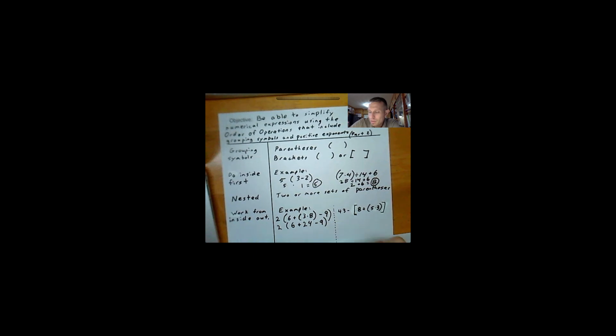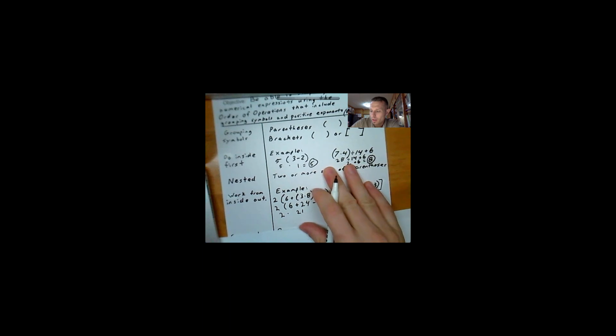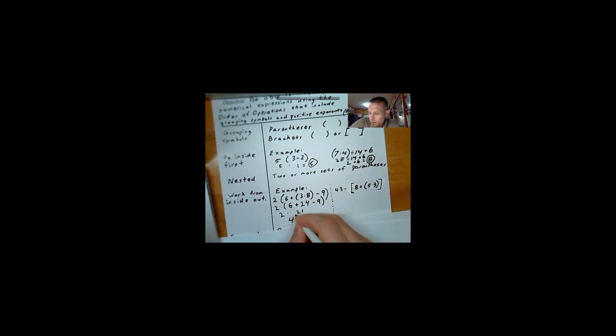So we have 6 plus 24, that gives us 30. And then 30 minus 9 will give us 21. I'm just going to do all those steps at once here. So we have 2 times all of this inside the parentheses, which equals 21. And lastly, 2 times 21 is 42, and that's our answer.